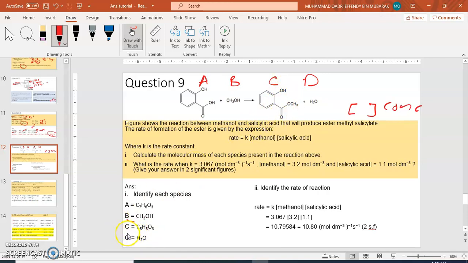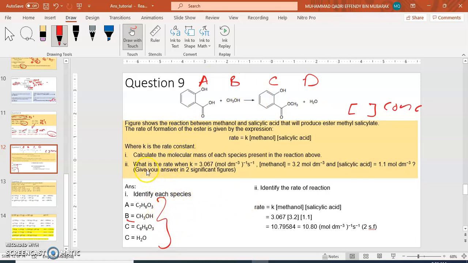So the unit of hydrogen is 8, while the unit of oxygen is 3. D is H2O, and again, using the concept that we learned previously at question 1, we can determine the molecular mass for each species here.